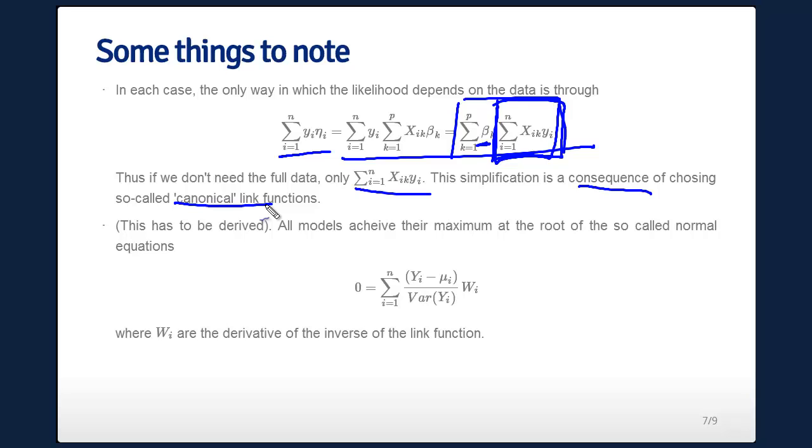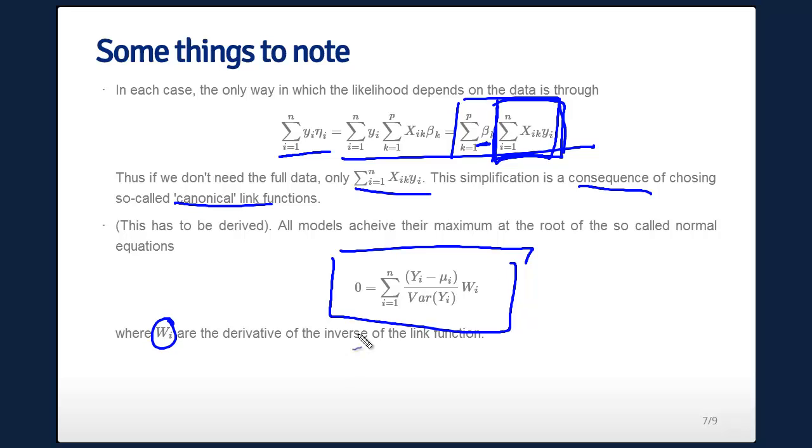And then this has to be derived. If we want to maximize the likelihood, the maximum is achieved at the so-called root of the normal equations, which is nothing other than the solution to this equation right here. The wi's have a definition.